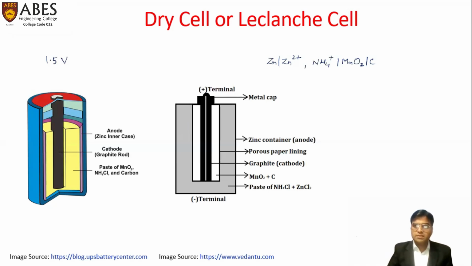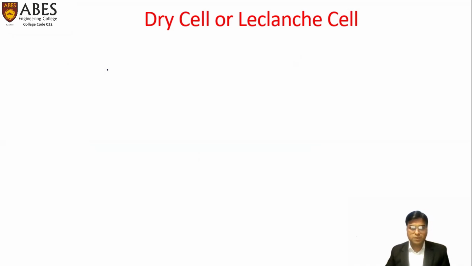Now we shall see what are the reactions which occur in the dry cell. So we know at anode, zinc is oxidized to zinc 2 plus ions, losing 2 electrons.